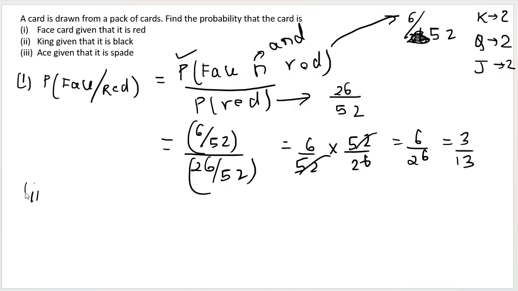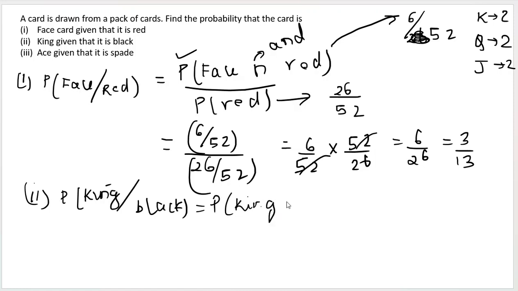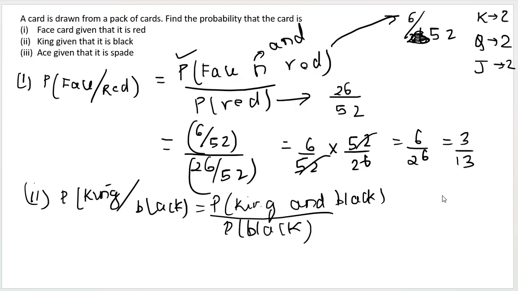Similarly, we do the second one, probability of king given that it is black. So this is equal to probability of king and black upon probability of black. Now among kings, there are only two kings which are black in color.